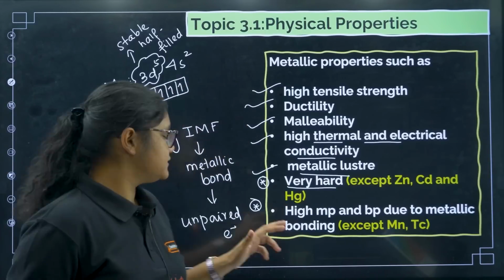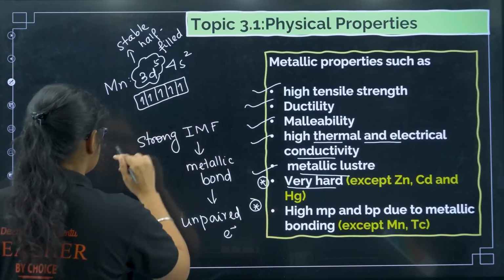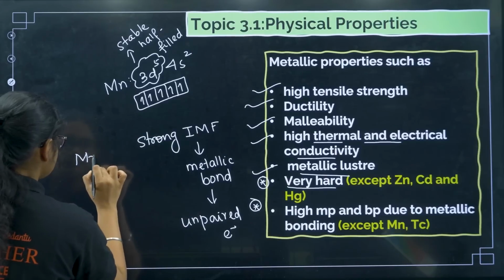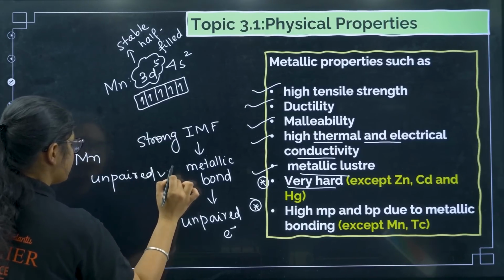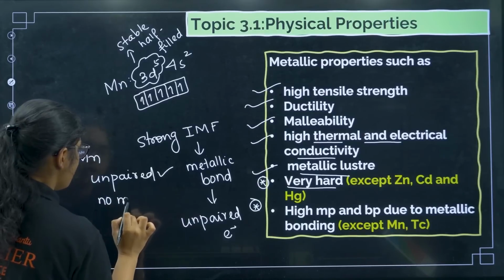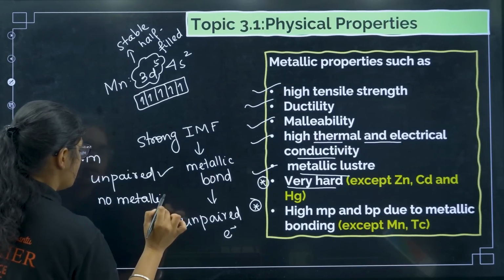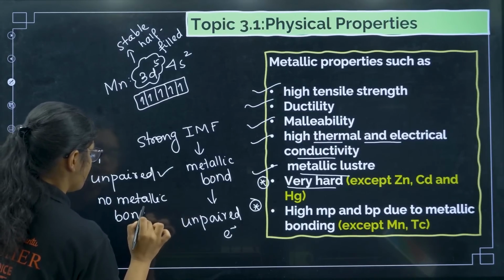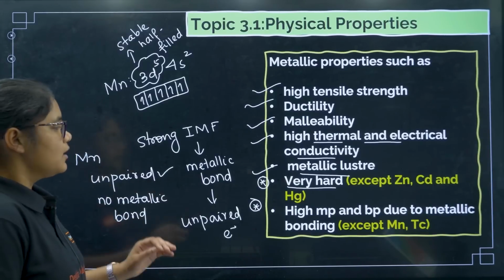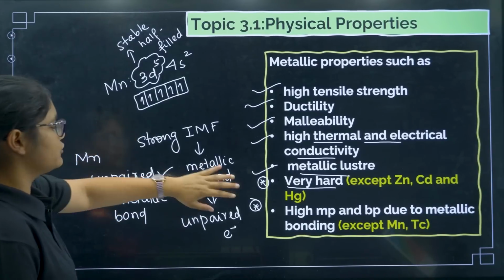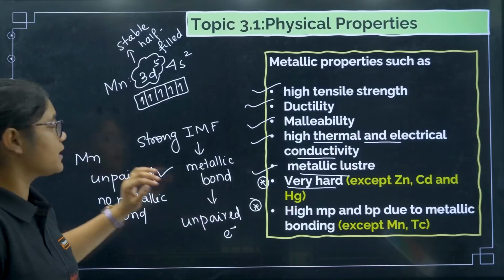So what is the case of manganese here? Unpaired electrons are there, but it has no metallic bonding. Why? Because of the stable half-filled configuration, right? I hope both the exceptions are clear to you, so please mark them.